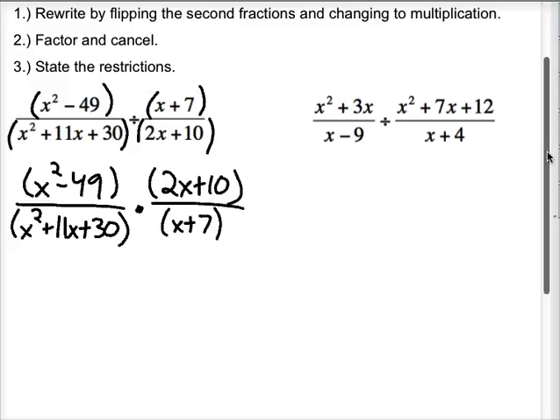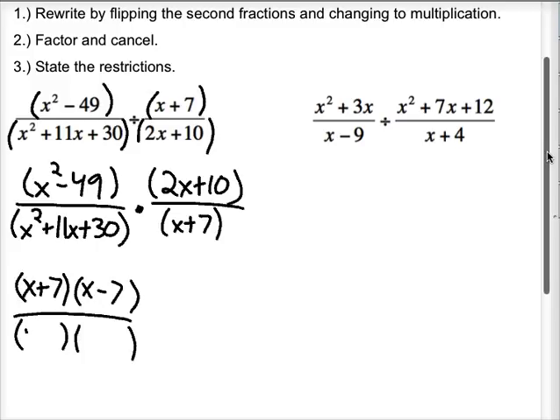So the top left, x squared minus 49. Remember, that is our special difference of squares. You get that plus and minus relationship. X squared comes from the x's. 49 comes from 7 and 7. So again, don't forget your difference of squares pattern. The bottom is just our normal two parenthesis factoring.